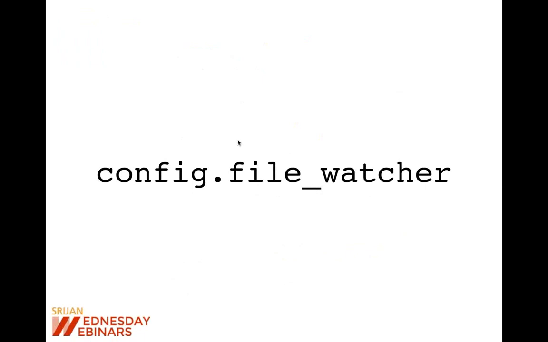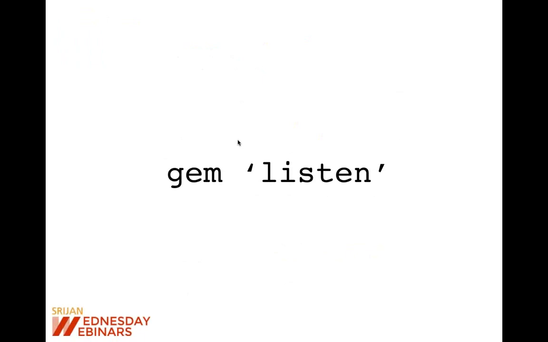So this is enabled by using the file watcher config. And I think in development mode, by default, it will be enabled. And you can use it by enabling the listen gem. Internally it will use this gem called listen, which will track changes to your files through operating system signals, and then it will notify Rails what to do.